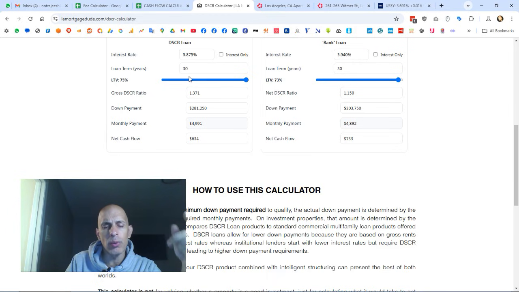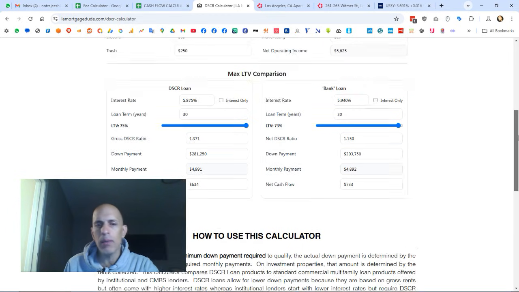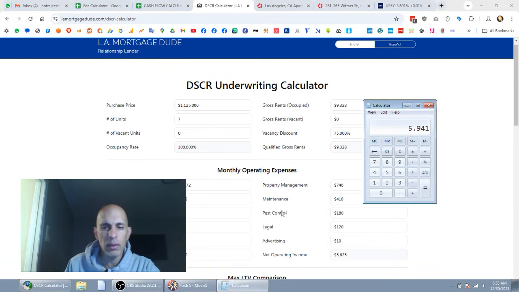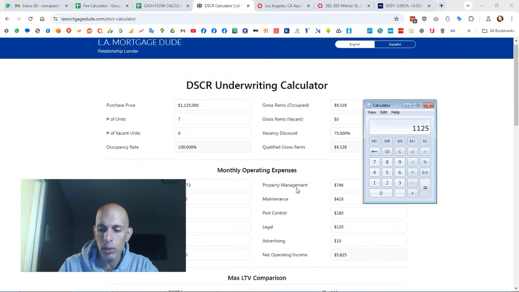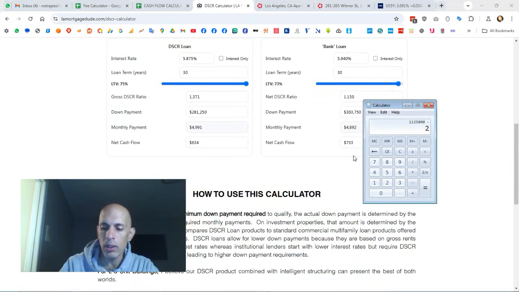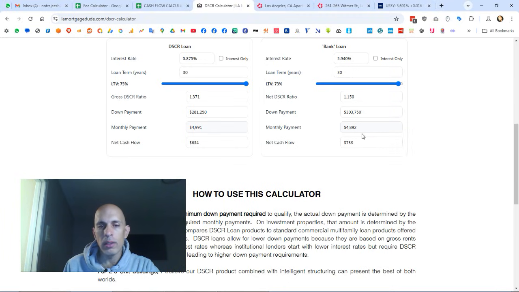So you would probably have to put down 5 points on 1.125, 123 minus this down payment, which is 281,250. That's 843,000 times 0.05. So you're going to have to put down $42,000, which is a $32,000 difference.